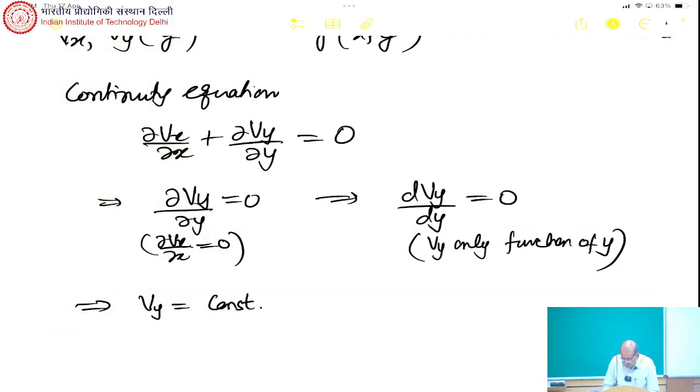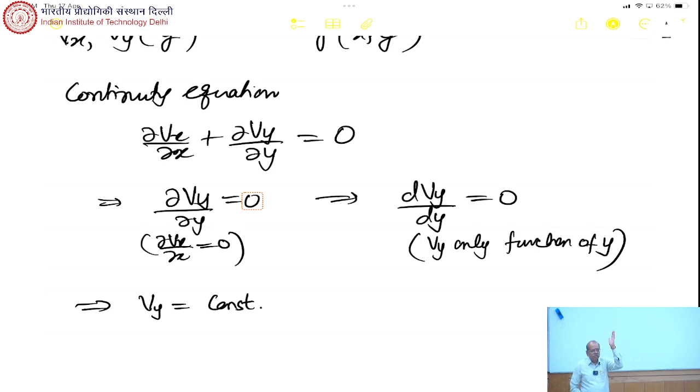Now, can I solve this equation? If partial Vy by partial y is equal to 0, this will imply Vy is equal to constant. Now, can I use the boundary condition?